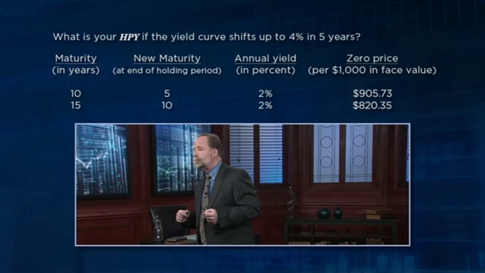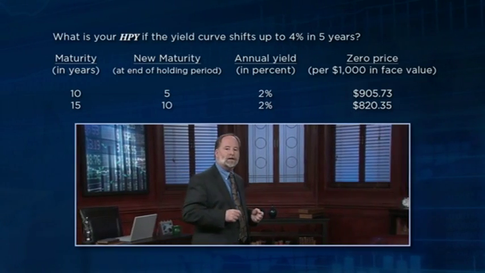In that case, there's going to be a difference in the holding period yield between these three different strategies. Clearly, the holding period yield for the 5-year bond over 5 years is simply the original yield to maturity of 2%. Thus, if your horizon is 5 years, then the 5-year zero locks in that yield. Given shifting yield curves, there will be a difference between the 10 and the 15-year bonds. So let's see.